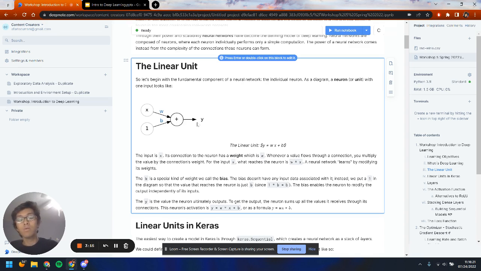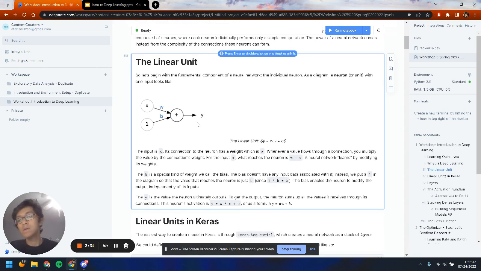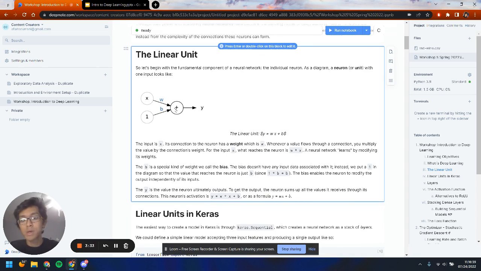The input, which is either 1 or 0, will be multiplied by the weights, and all of that will be summed up to produce a final result, which if it crosses a certain threshold will activate the output neuron.